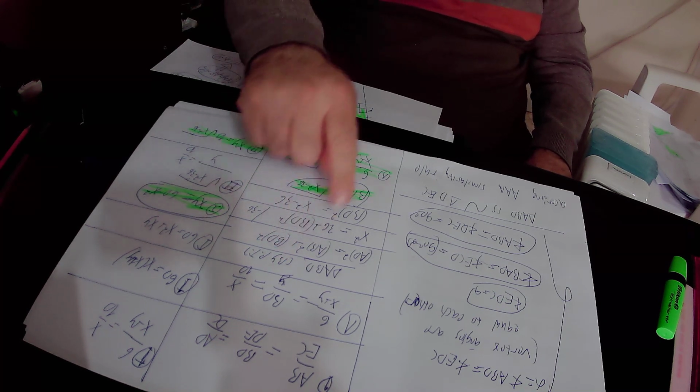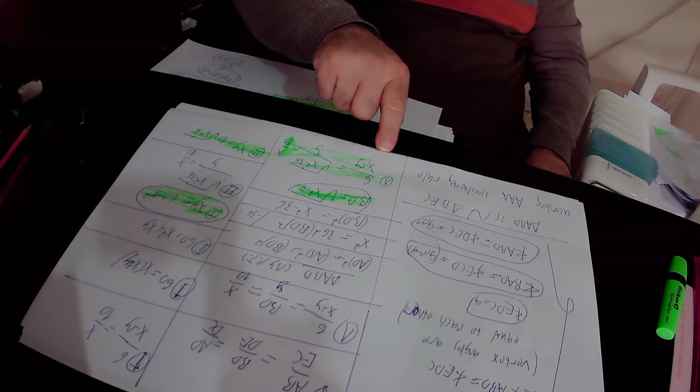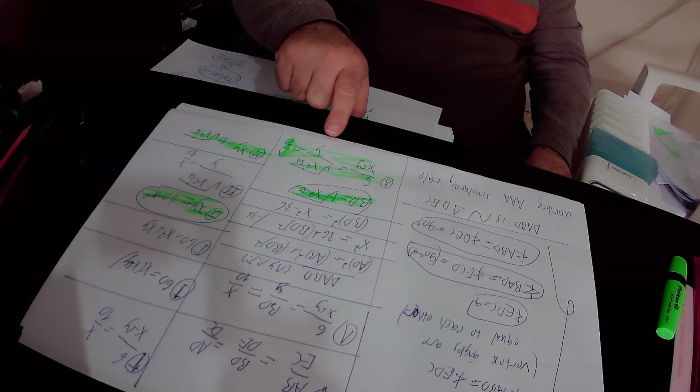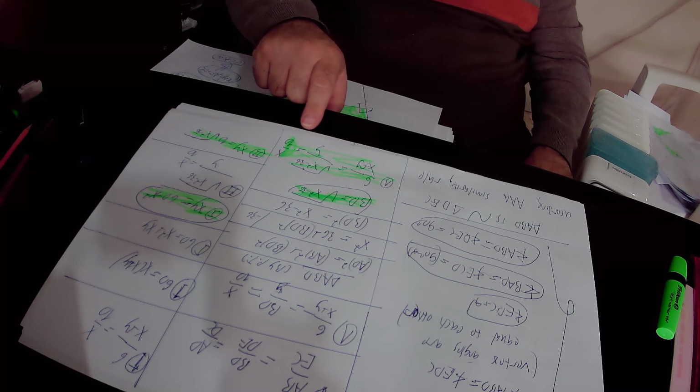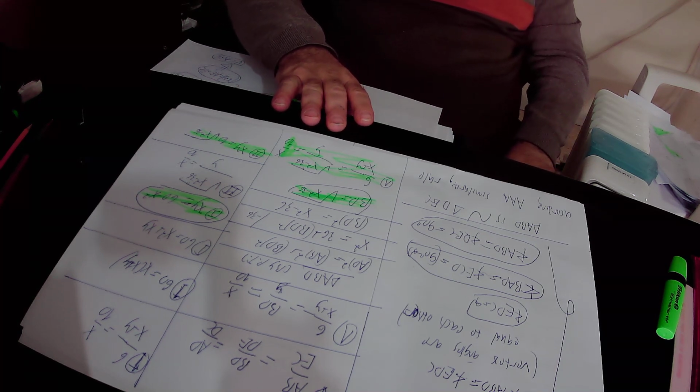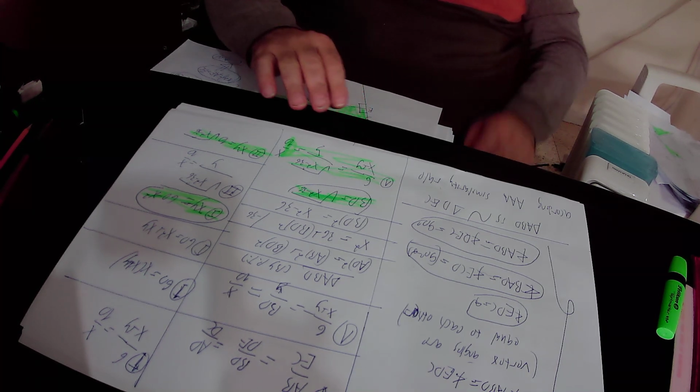We did it, and we got equation number 1, which states that 6 over x plus y equals the square root of x squared minus 36 over y, which is equal to x over 10. From this long equation number 1, we created two equations.